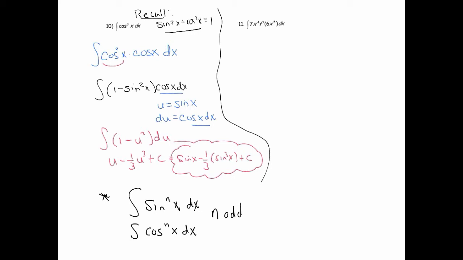This technique of peeling off a sine squared or a cosine squared and using an identity will always work for those types. So sine to the 5th, sine to the 7th, cosine to the 7th, etc. You can use the technique above, and it should work out.